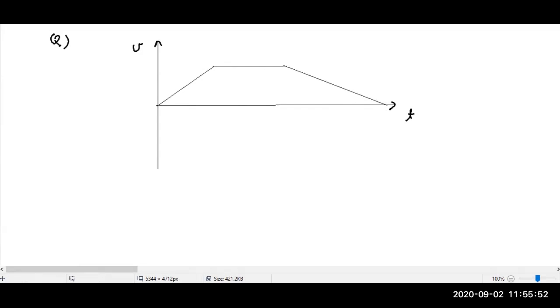Okay, and I'm giving the values. Suppose 10 unit. This is 2 second. This is 4 second. This is 6. This is 8. Okay, seconds, and this is 10 meter per second.